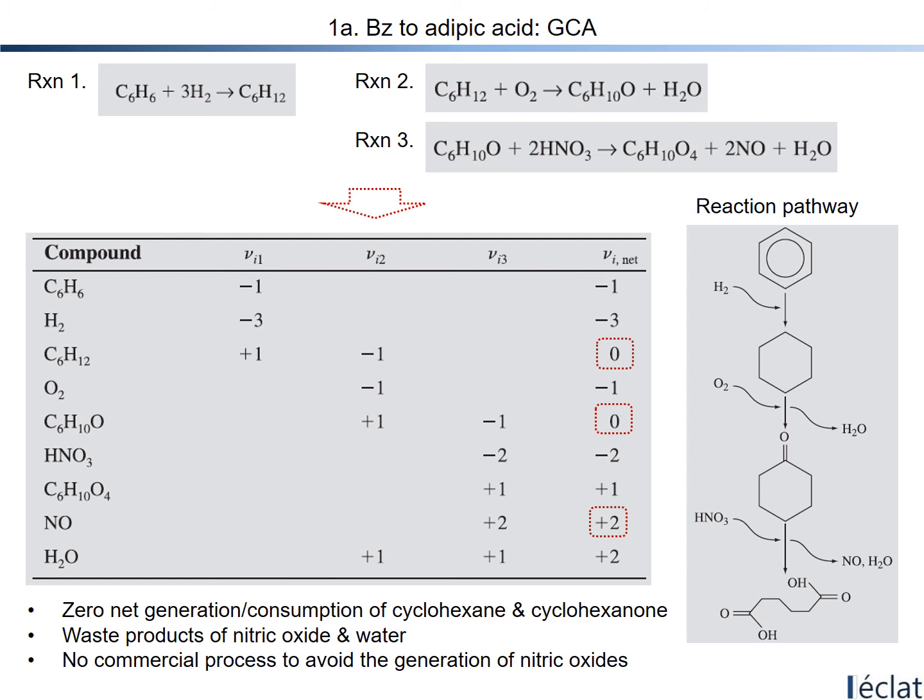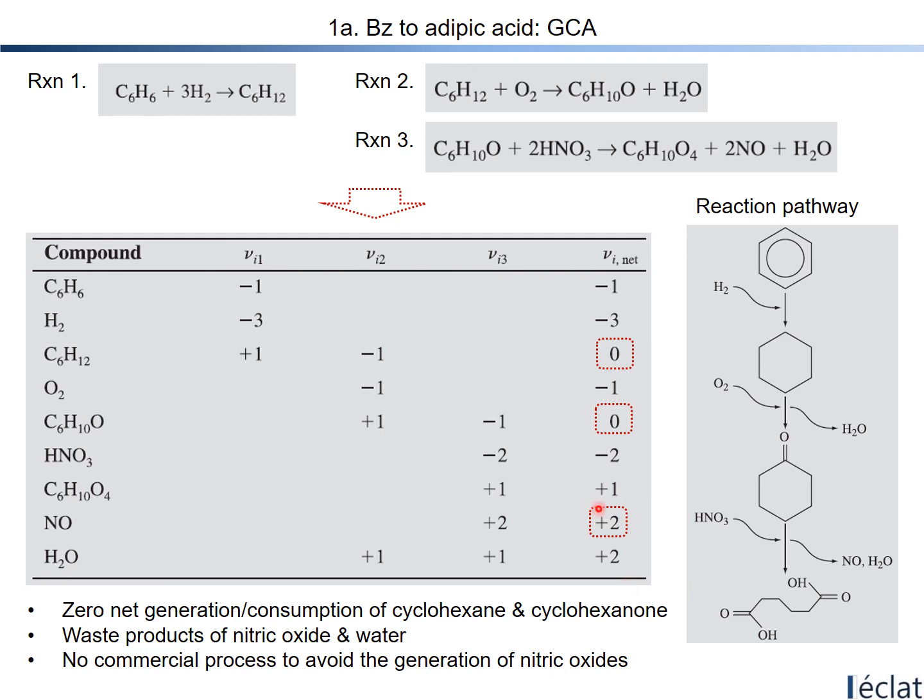So let's try to make the stoichiometric coefficient table to understand the whole process of the conversion of benzene to adipic acid. As you know, in the first column you have all compounds, and you have 3 reactions, 3 more columns here and there, and stoichiometric coefficients are here. Then in the last column you can get the net summation of the stoichiometric coefficient.